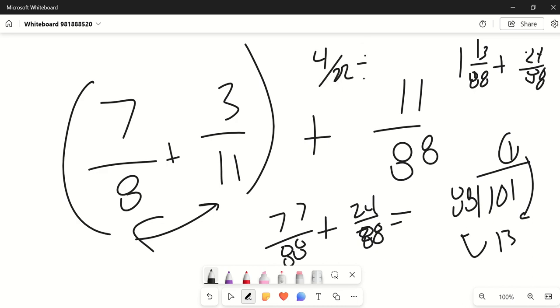We divide these both by 2 again. Become 2/11. We did something wrong there. 13 plus 24.